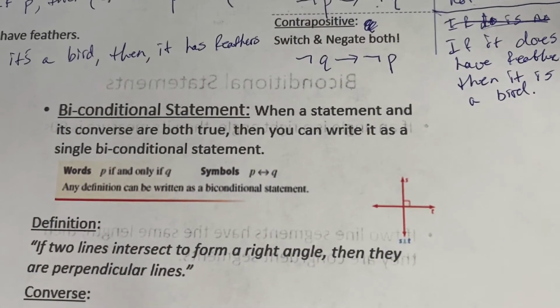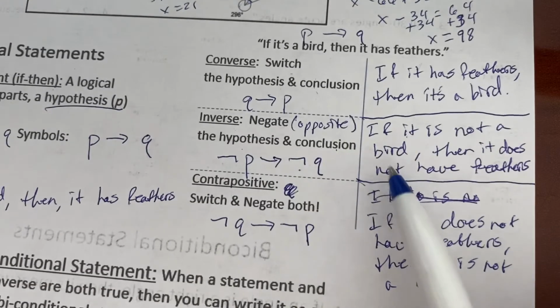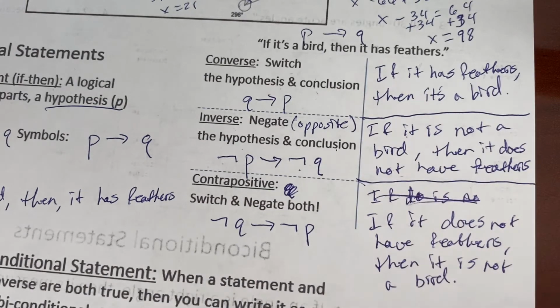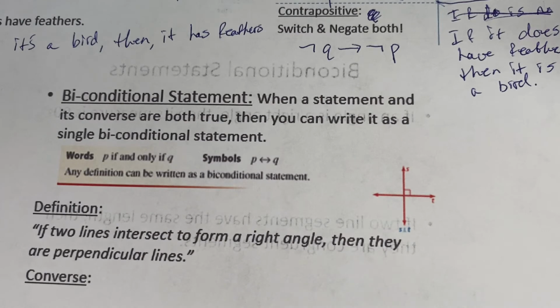All right, so this is a vocab word that you're going to need to know, a biconditional statement. And this is what we're getting into up here, right? When I said they're not always going to be the same, that's what sets a biconditional statement apart, okay? It's when a statement and its converse are both true. So you can switch them and it still be true. Then you can write it as a single biconditional statement, okay?